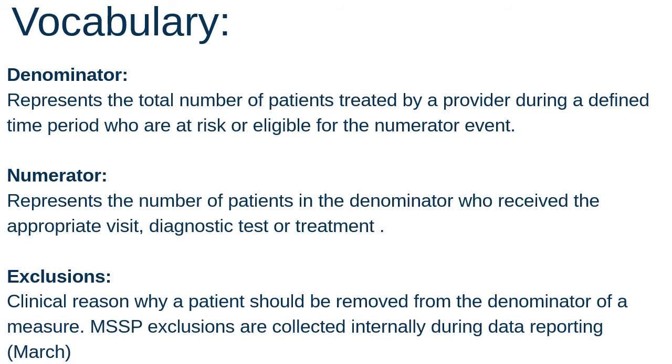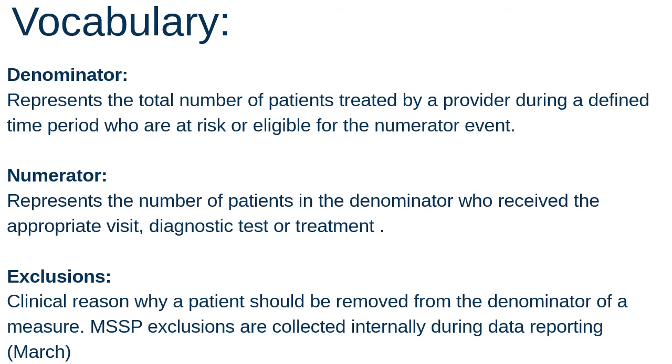The numerator is the subset of the patients in the denominator population who receive the preventative care service in the time frame required by the measure. For example, one submeasure within the Comprehensive Diabetes Care Measure set is the number of patients with an annual A1C test.